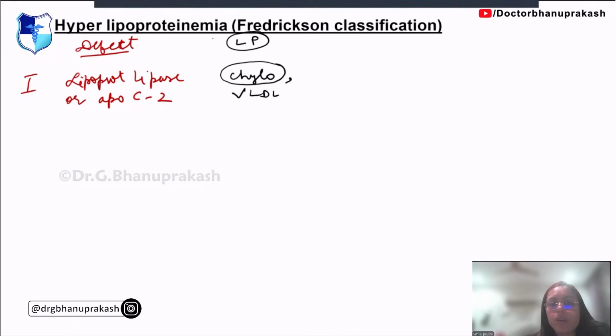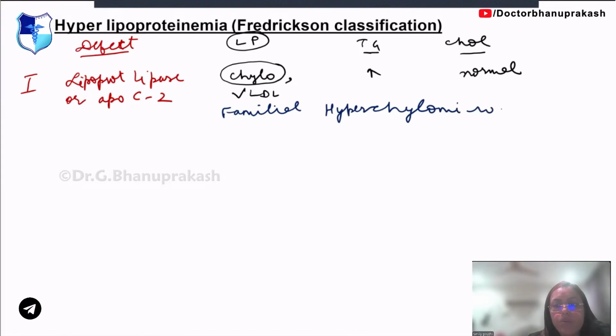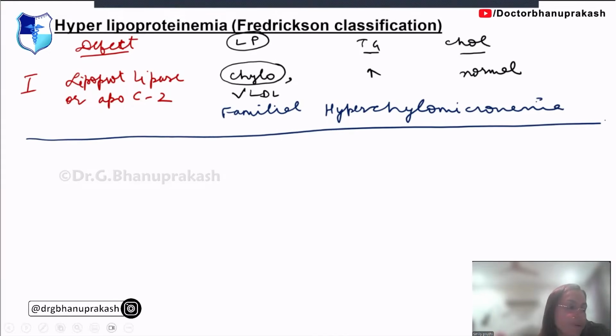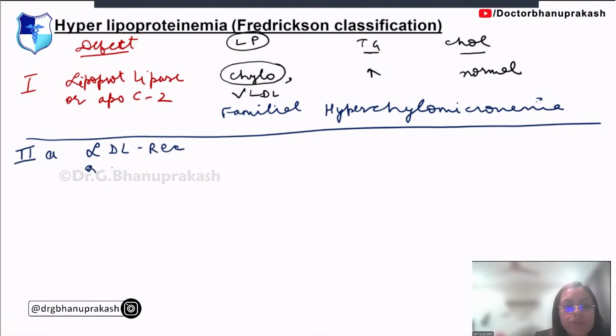The lipid which is increased is triglyceride. Cholesterol is normal. So it is known as familial hyperchylomicronemia.